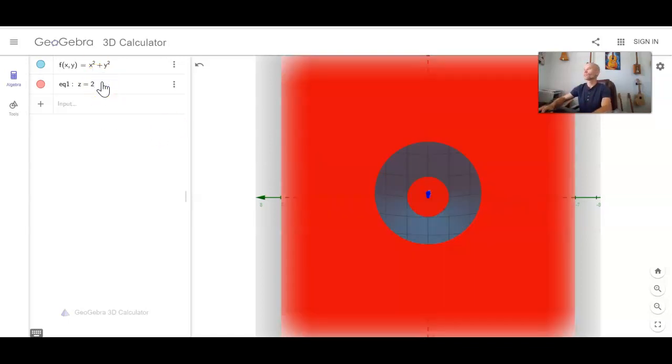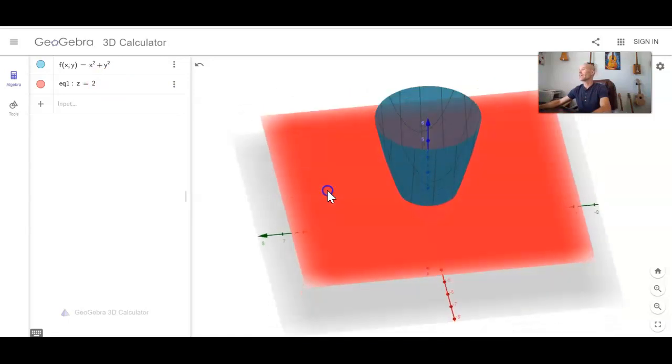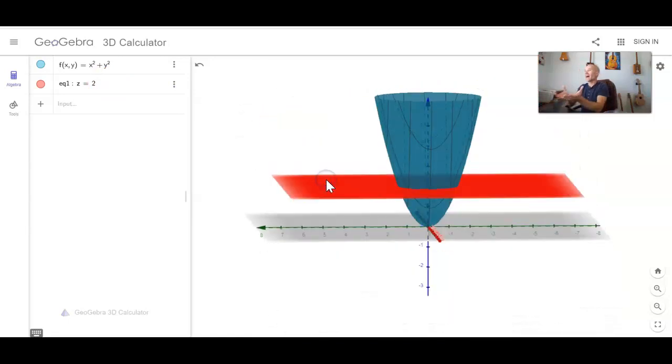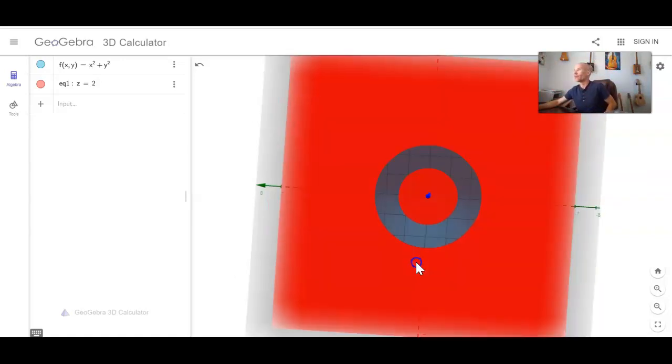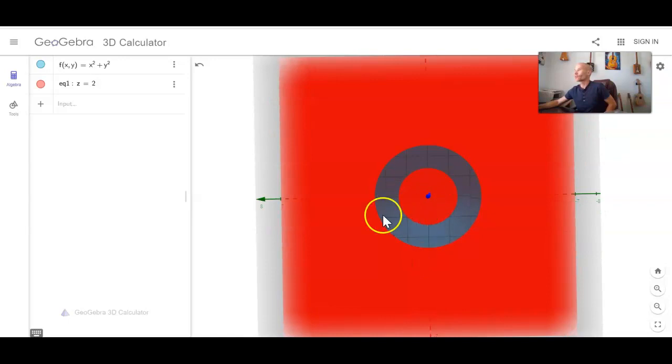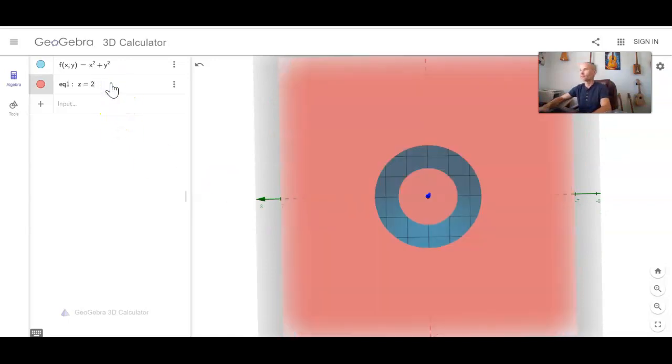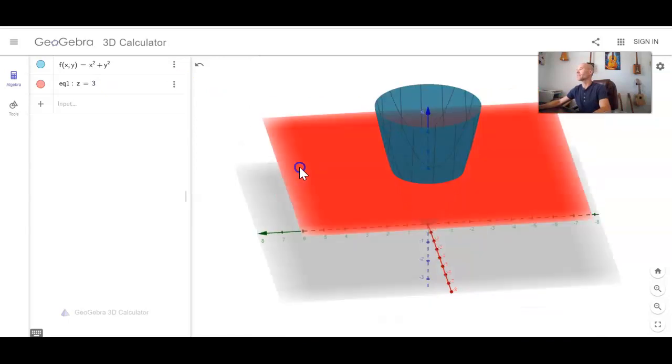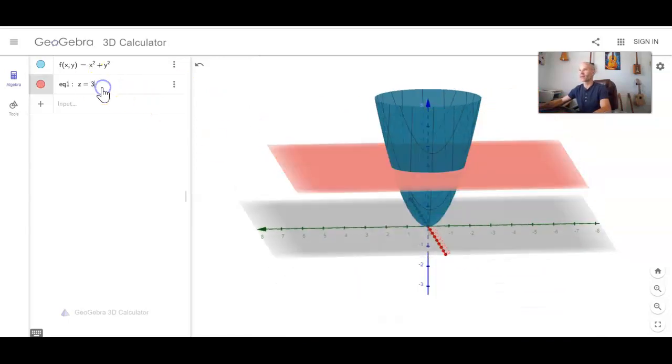And if we do z equals 2, we again get a circle, but because we're slicing it higher and that paraboloid is opening into a larger opening, we get a bigger circular cross-section. And when we do z equals 3, that gets even bigger because now we're slicing it up higher.